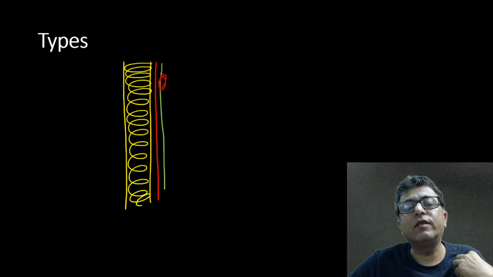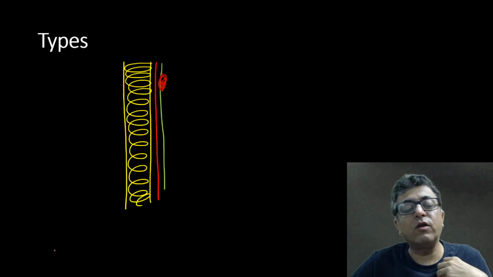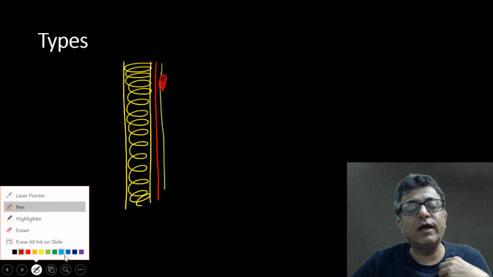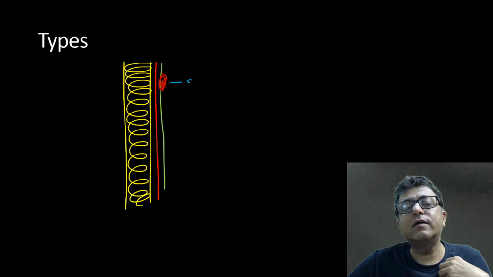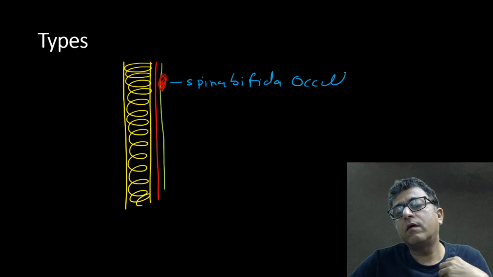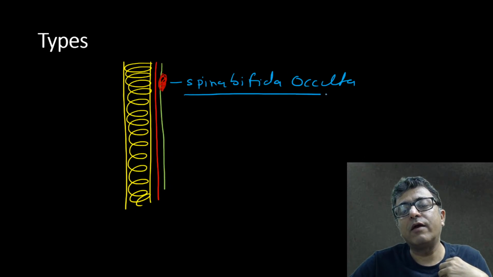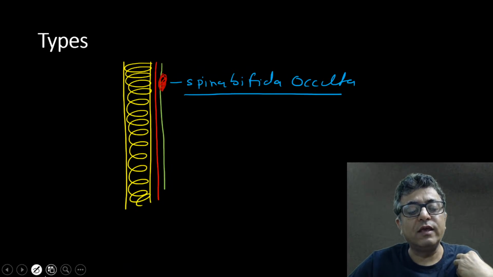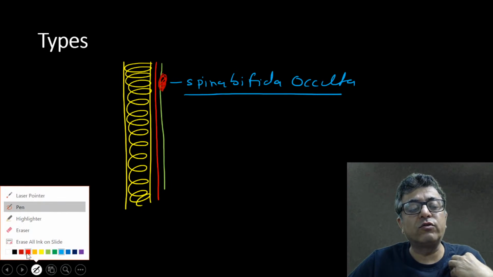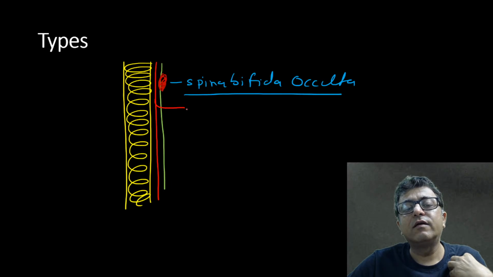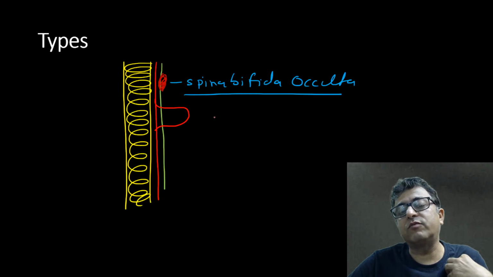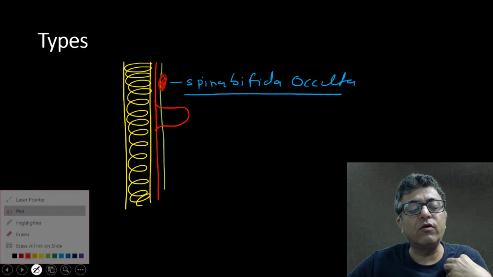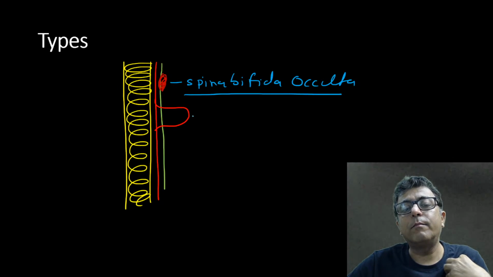If the defect involves only the bone, this is known as spina bifida occulta. If the meninges protrude through this defect, from where the meninges come out, then it is meningocele.